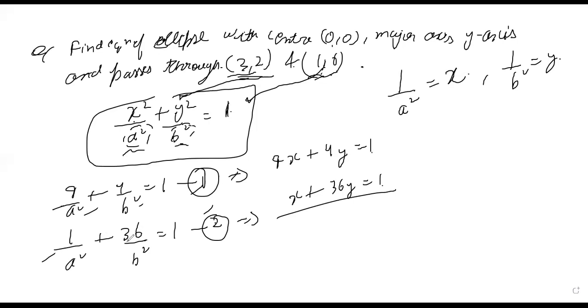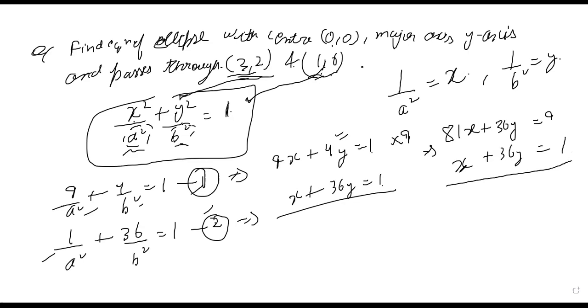So if we multiply this equation with 9, we will get 36 as the coefficient of y. So 9 nines are 81x plus 4 nines are 36y equals 9, and the second equation will remain the same, x plus 36y equals 1.